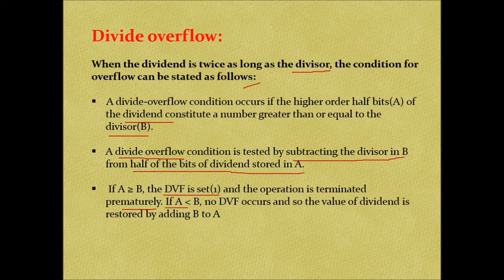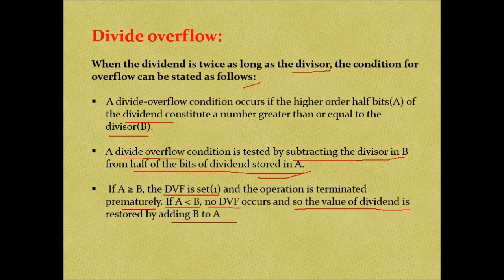Now if A is less than B, that means no divide overflow, and the division operation can be performed. To perform the division operation, lastly we have to add B and A so that the value of A, which was subtracted in the earlier step, can be retained.